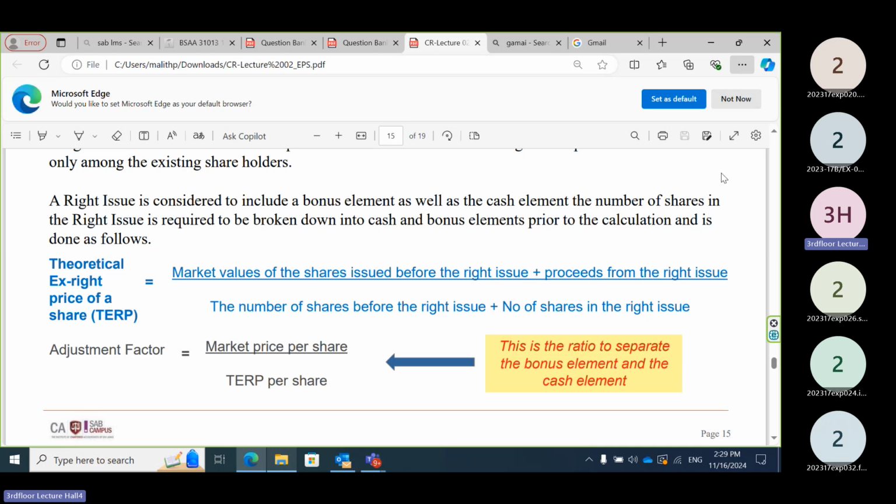Right? So then what are we going to do? Let's say this incident happened on 30th June 2022.